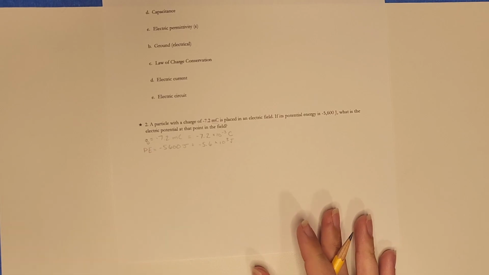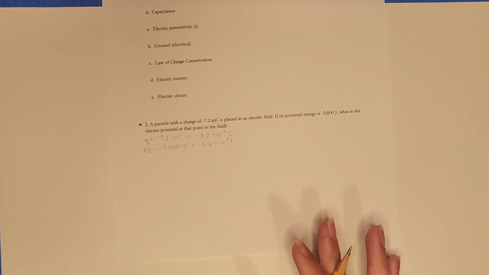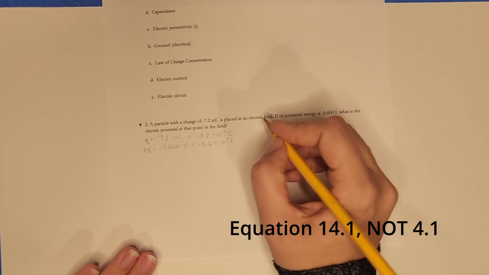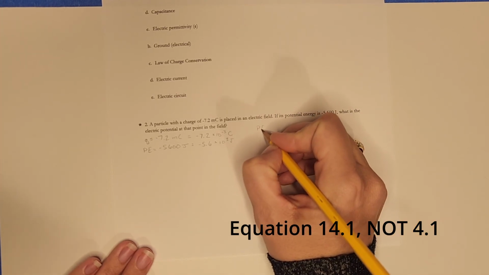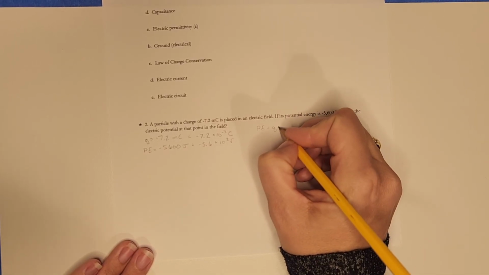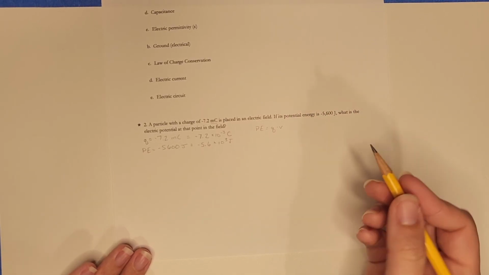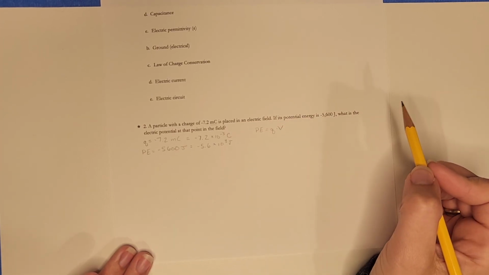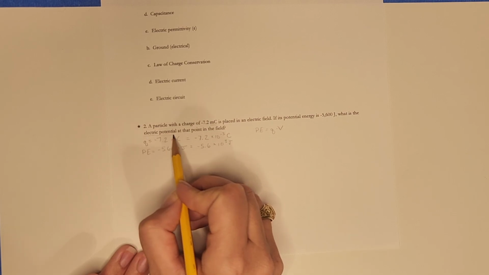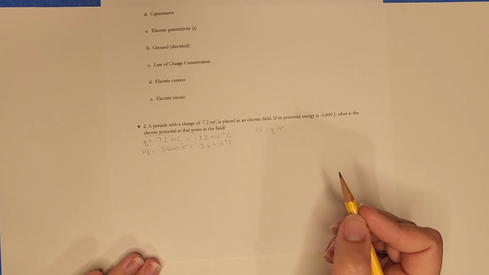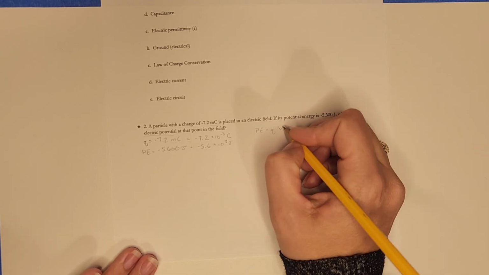Okay, so for this problem, we're going to be using equation 4.1 that deals with potential energy, and that is PE equals Q times V. And of course, that's a capital V. We are trying to get the electric potential here, which is going to be in volts.